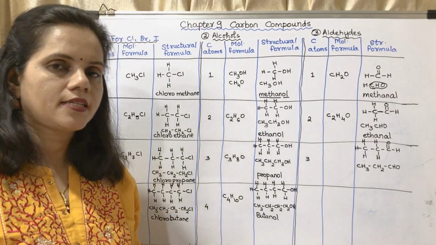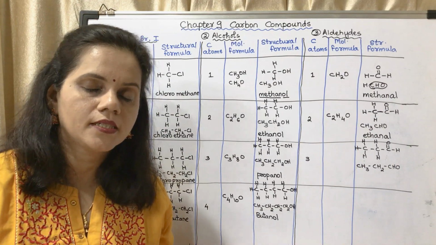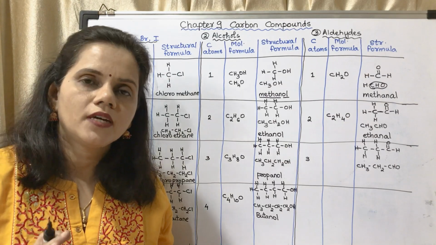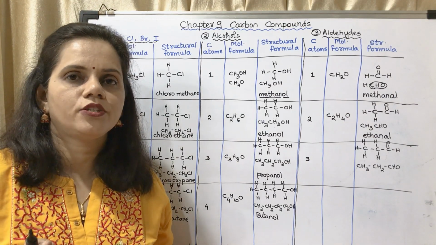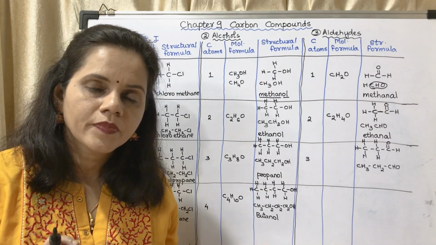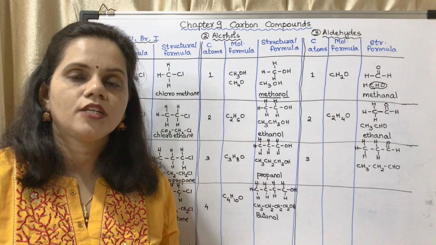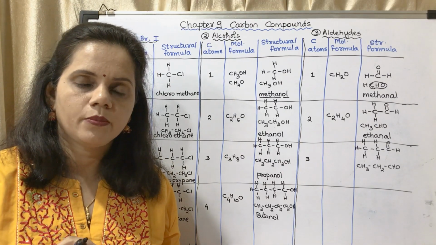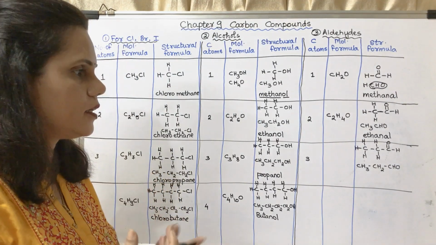So in the condensed structural formula you are able to understand which functional group it is, but it is not possible for you in the molecular formula. But don't worry, at least for this year you won't be given the molecular formula to draw, you will be given the name or the condensed structural formula. Otherwise you will be given the name, you have to write the condensed structural formula and the structure and give the name in the other questions.